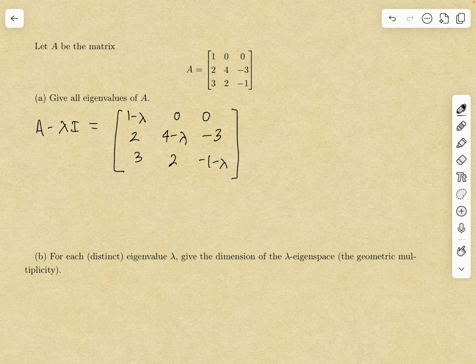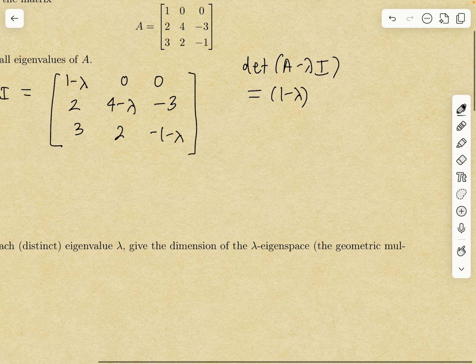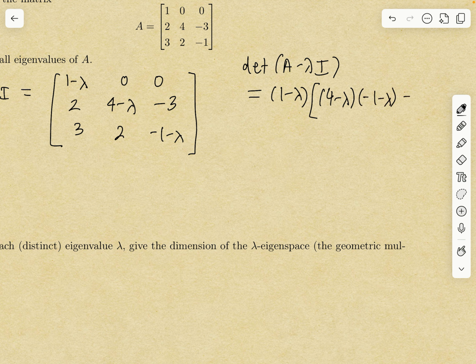So I have a 3 by 3 matrix, and when you calculate the determinant, you get 1 minus lambda times the determinant of the 2 by 2 matrix from the cofactor expansion. That's going to give me 4 minus lambda times -1 minus lambda, minus 2 times -3.